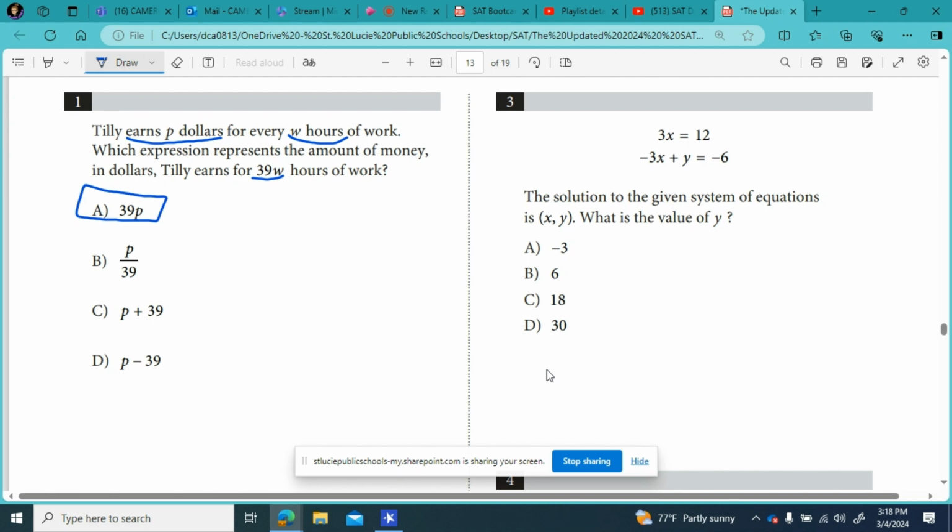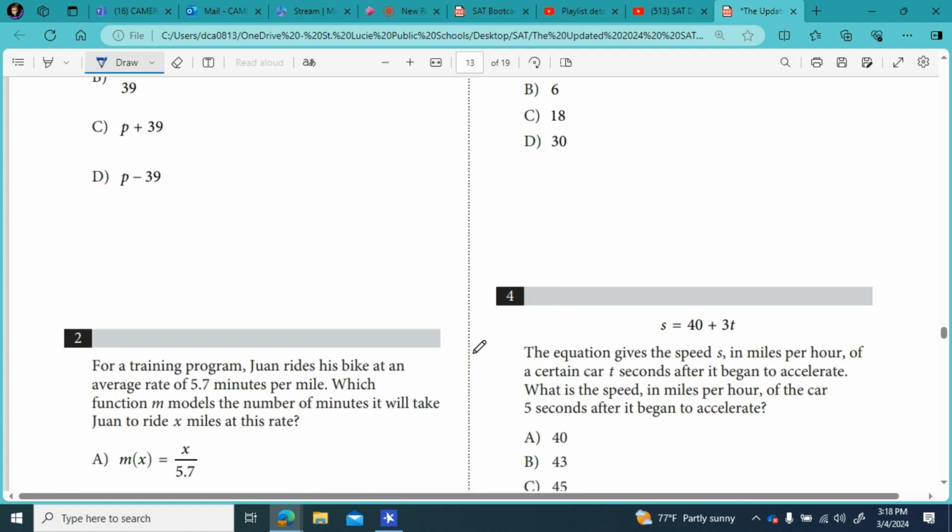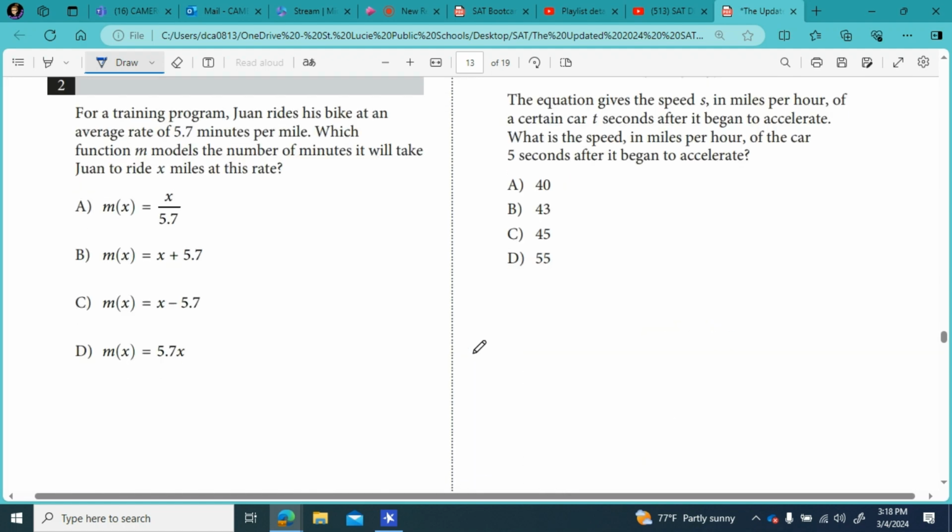And question number 2 says, for a training program, Juan rides his bike at an average rate of 5 7/10 minutes per mile. Which function M models the number of minutes it will take Juan to ride X amount of miles at this rate?